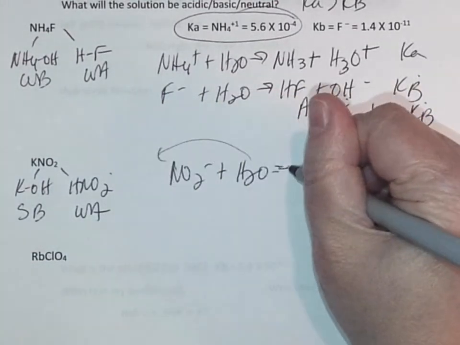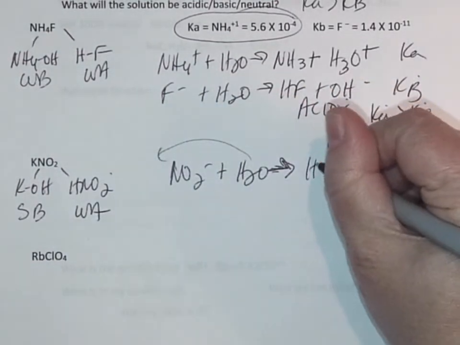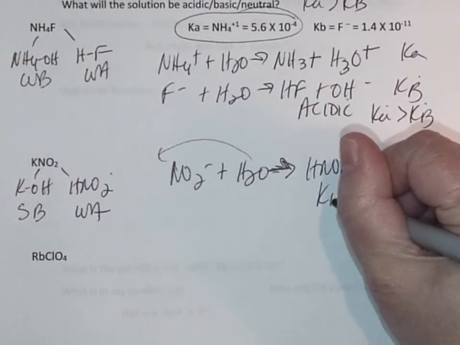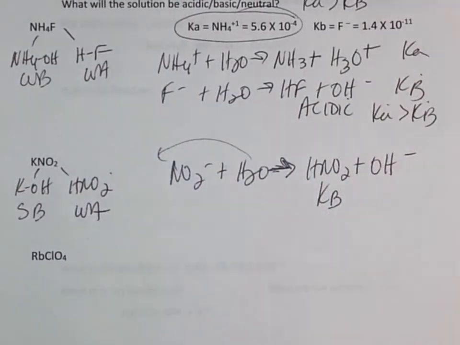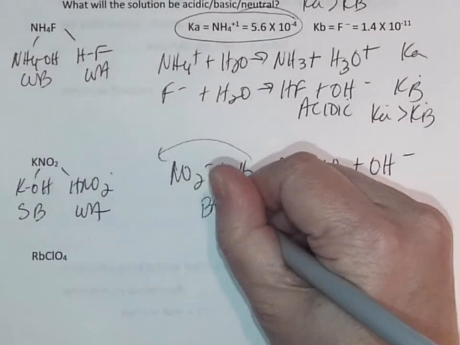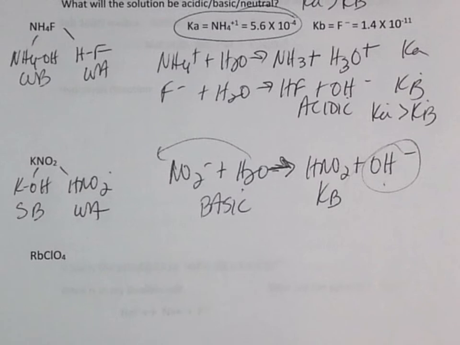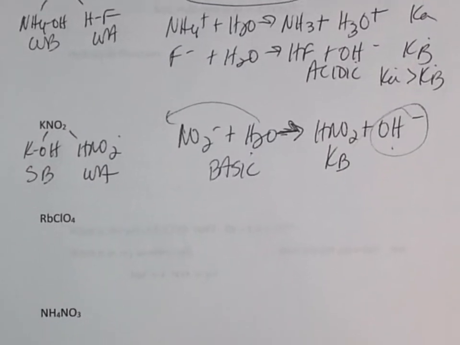Just like a base, I should put an arrow, this is going to accept a proton, and this is going to be OH minus, so I'm just getting in the habit that it needs a Kb. There's nothing to solve here, other than to say that it will have a basic pH because the hydroxide ion is produced. You finish these up on this page and then check back to see if you got them correct.